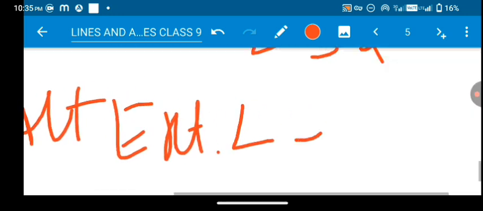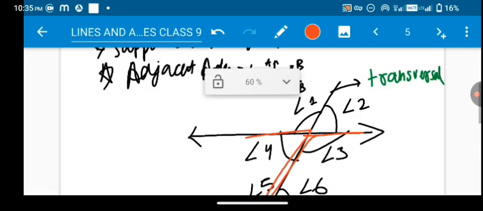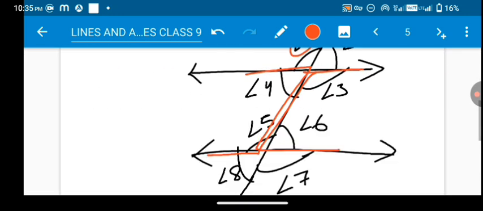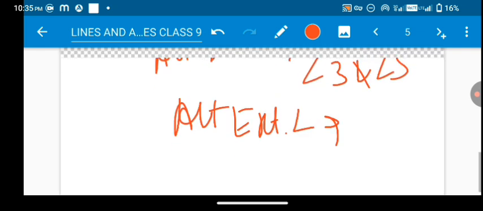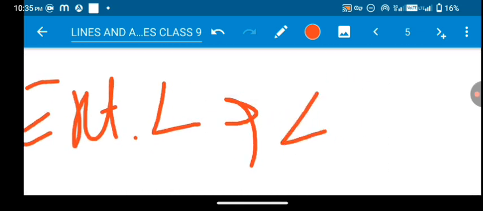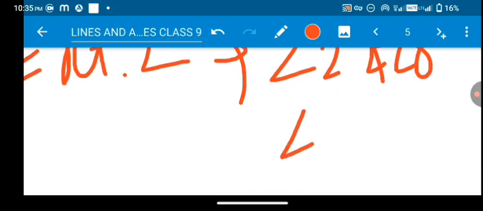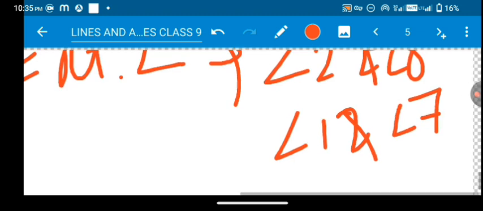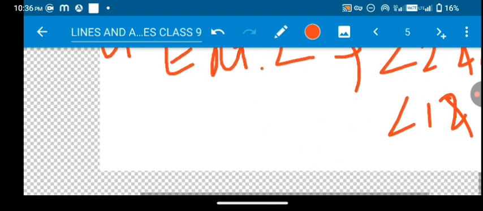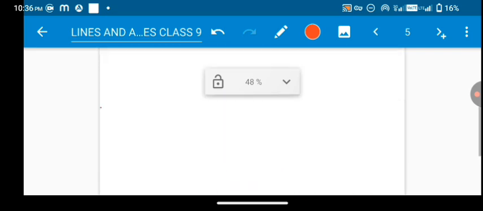Alternate exterior angles: angle 1 and angle 7, angle 2 and angle 8 are the two pairs of alternate exterior angles.